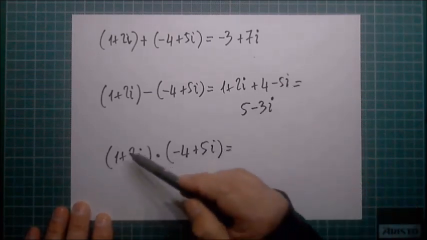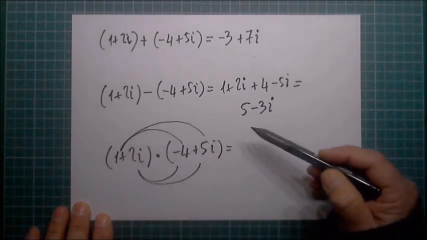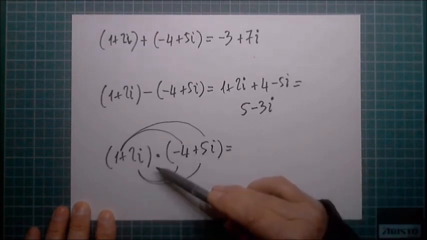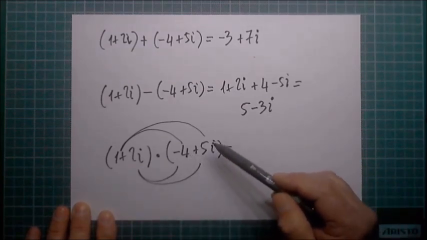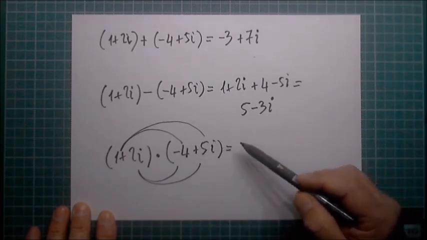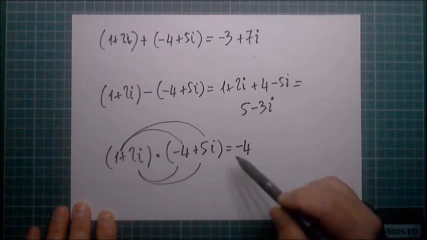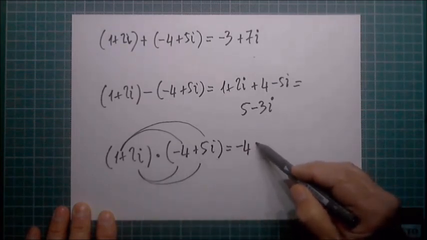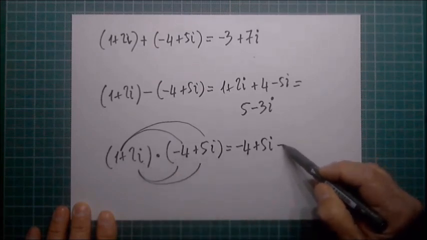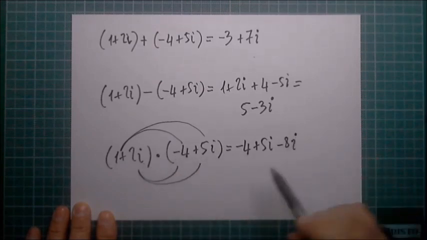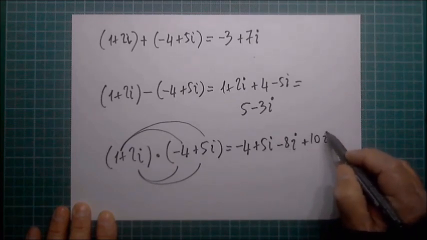And let's get to multiplication. So we have the same complex numbers, 1 plus 2i times minus 4 plus 5i. We use the distribution law, which is 1 times minus 4 gives minus 4, 1 times 5i gives 5i, 2i times minus 4 gives minus 8i, and 2i times 5i gives plus 10i squared.